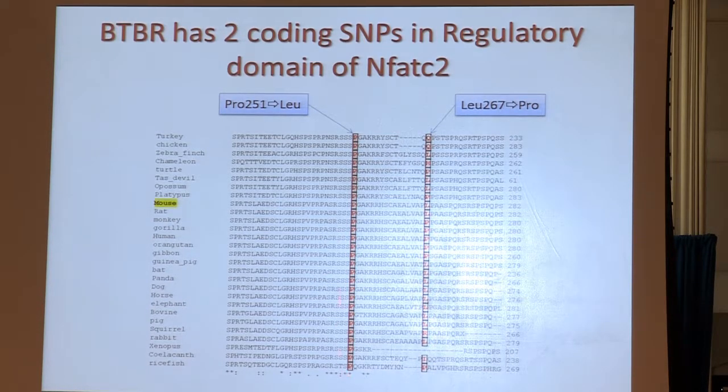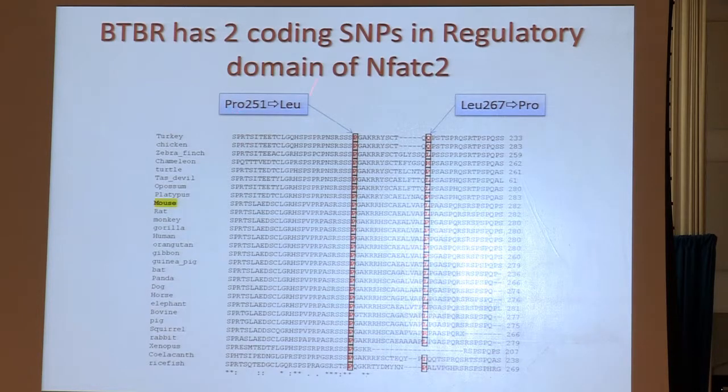And the degree of conservation suggests that it's somehow important. Whereas there's another leucine that becomes a proline over here that is not nearly as conserved. Okay, now a proline is an odd amino acid. It forms a kink in the amino acid structure.